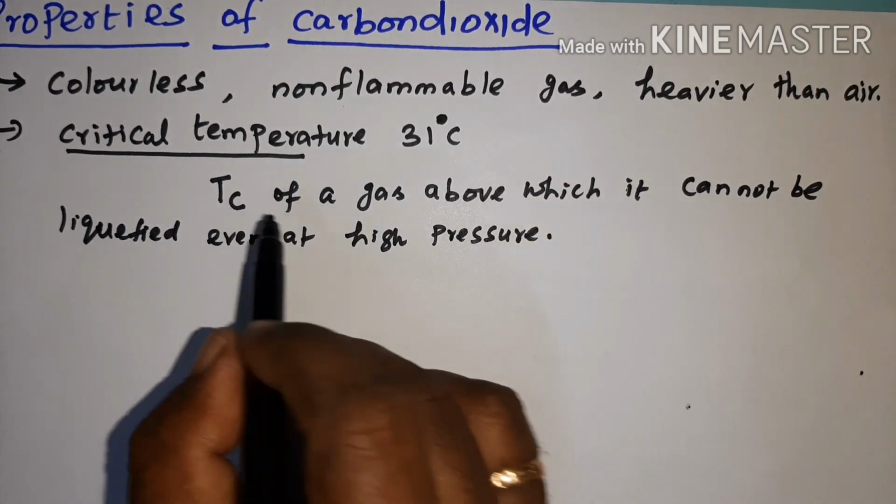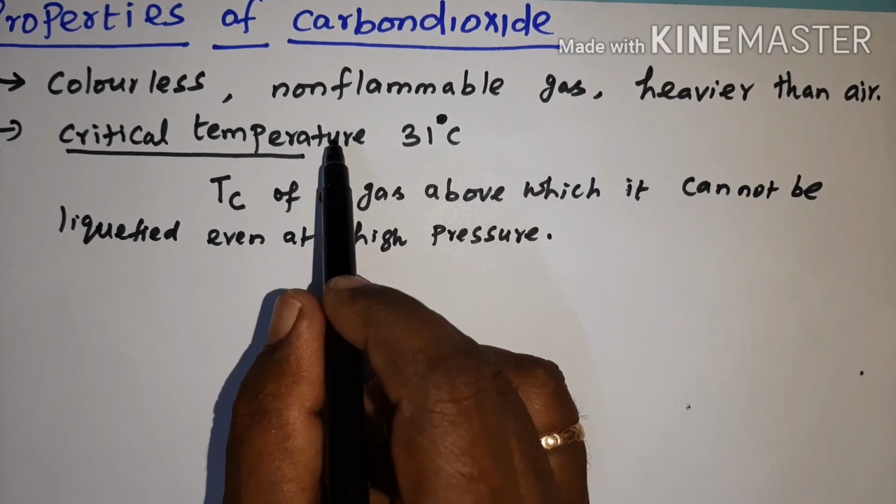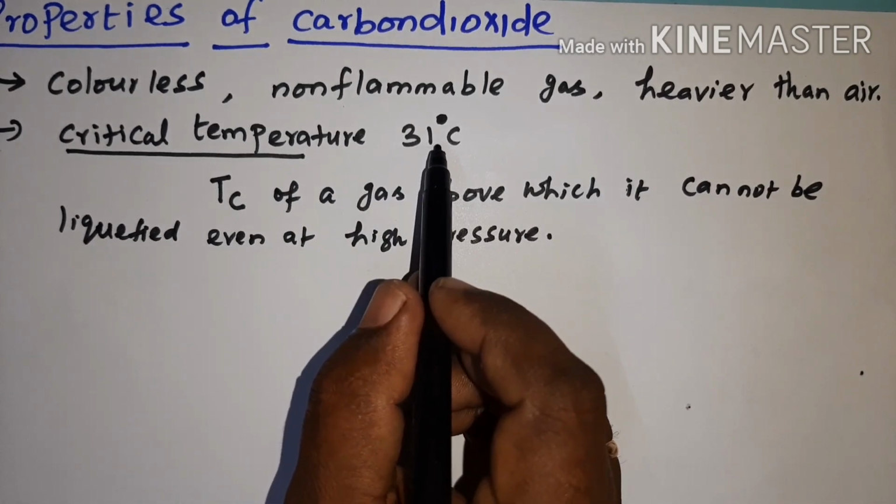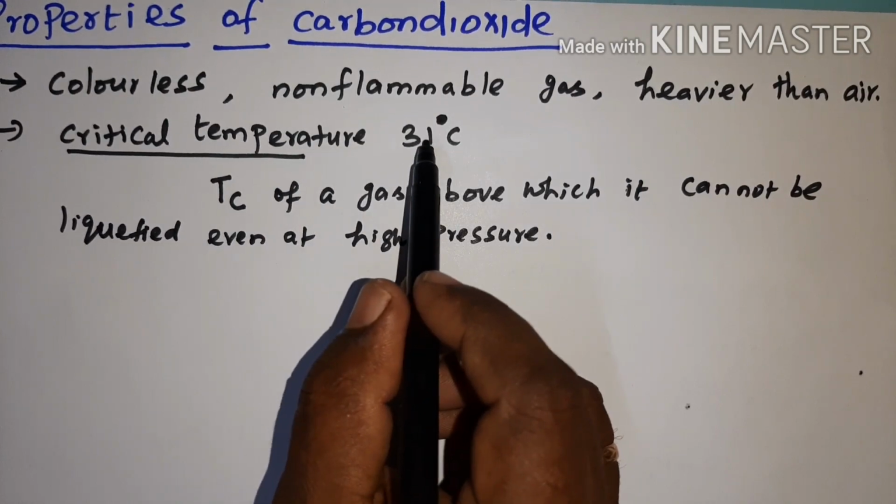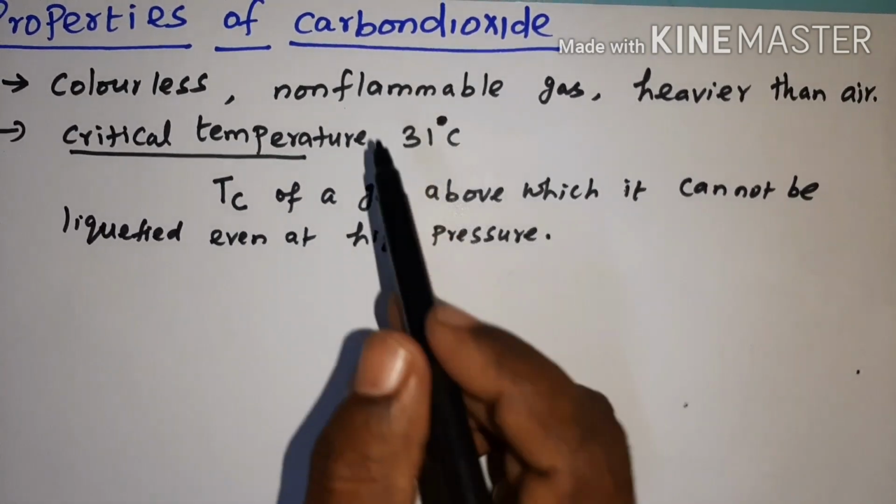Exactly, carbon dioxide becomes liquid at 31 degree Celsius, so 31 degree Celsius is the critical temperature of carbon dioxide.